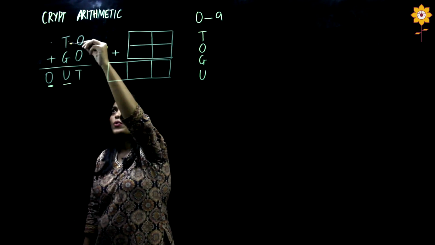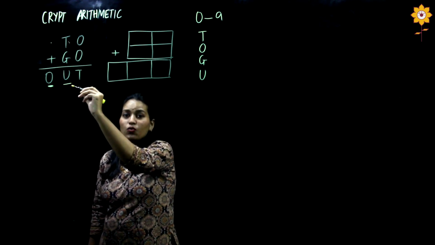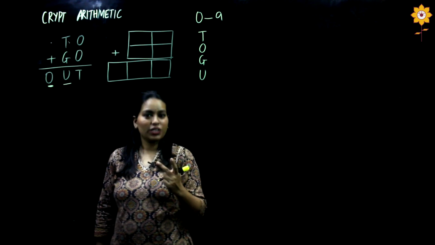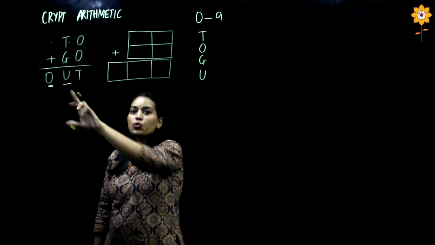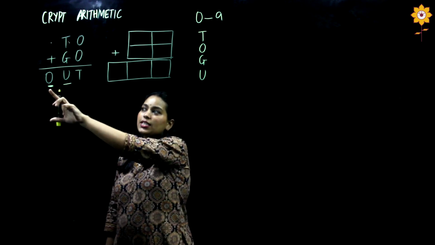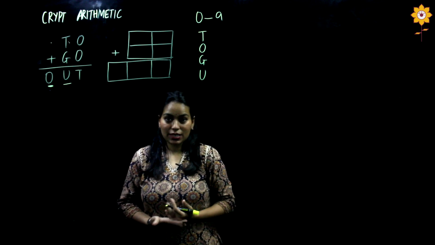When you add T plus G, U gets a value which is definitely a 2-digit number. Whatever is in the units place is assigned to U and whatever is in the tens place is the carry. Now what is the carry that can be generated?